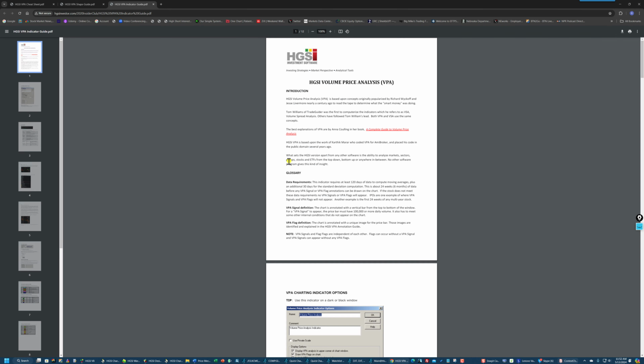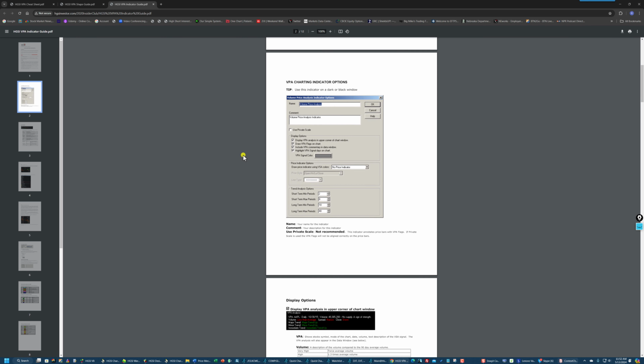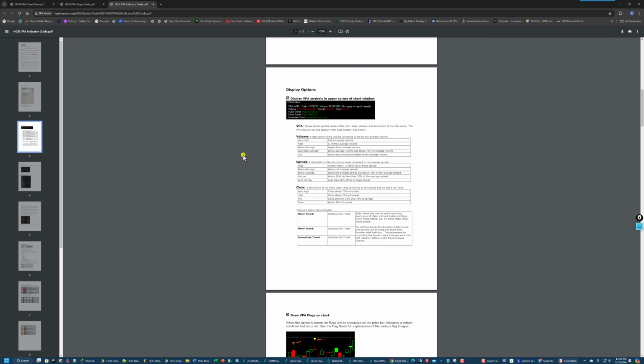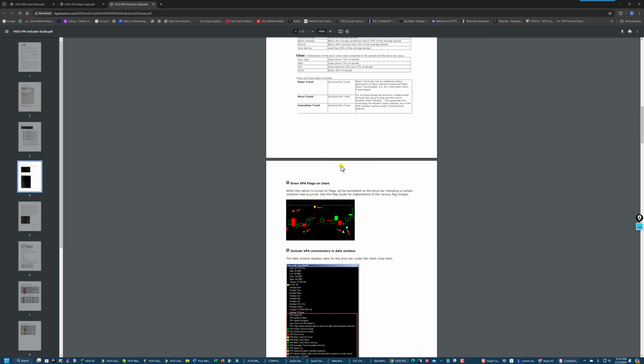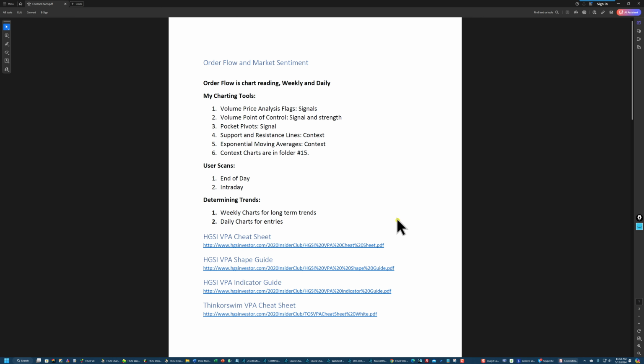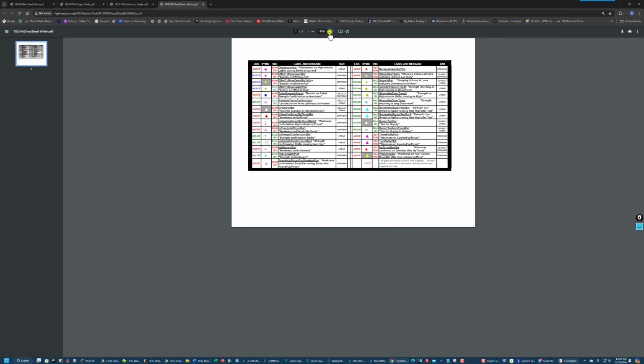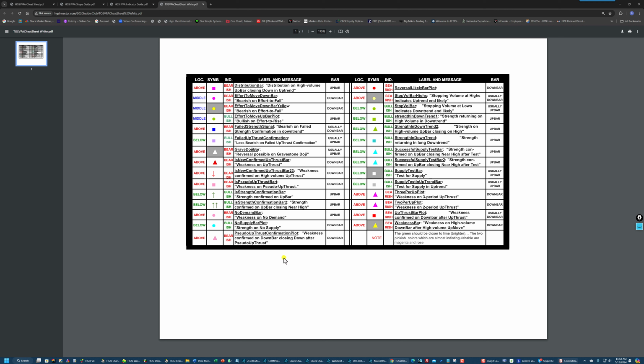Here's the explanation of HGS Investor as far as the VPA, how it's put together, and what all of this stuff means. You can go through this if you want to. And finally, if you use Thinkorswim with the VPA public domain add-on that's out there, I believe this is a cheat sheet for it.